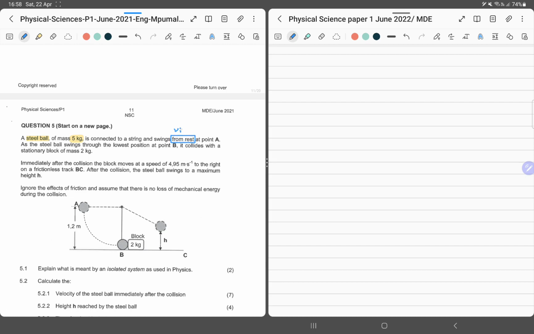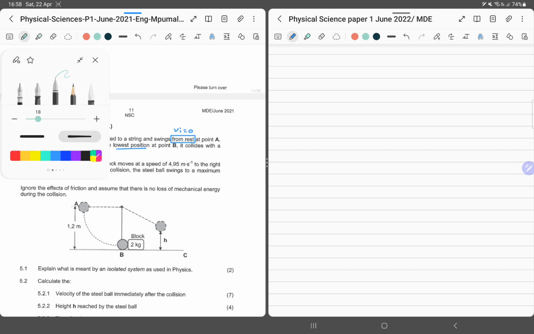Rest means initial velocity is 0 at point A. As the steel ball swings through the lowest position at point B, it collides with the stationary block, also meaning its initial velocity is 0, of mass 2 kilograms.